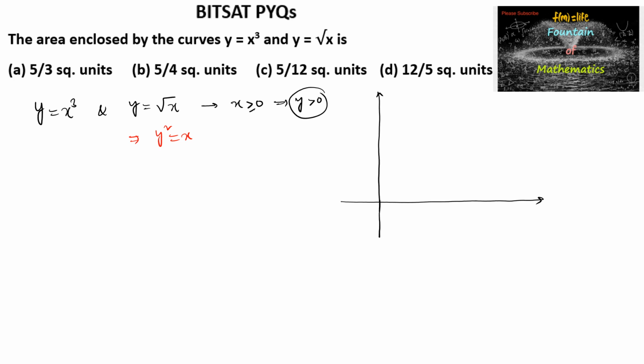So the graph of y is equal to root x, y square is equal to x parabola, we have to take only the positive side direction of the y axis and x axis. So we can see this is the y square is equal to x graph. Since x is positive only, we need to consider y positive.